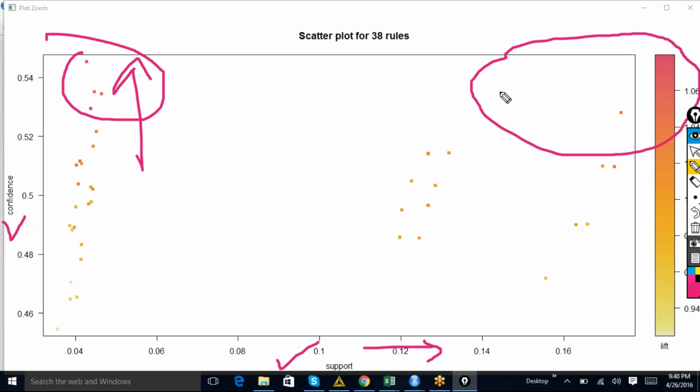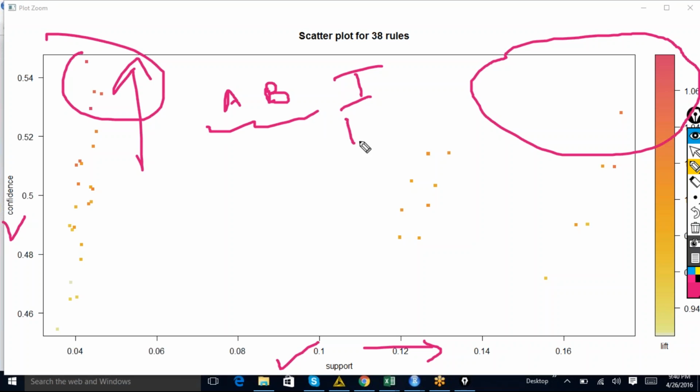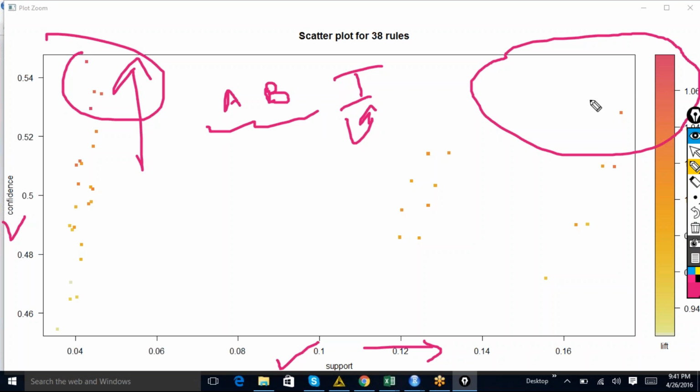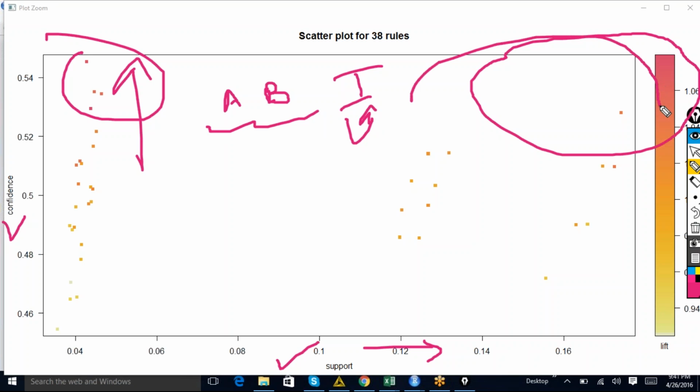So for example, if I'm Amazon, let's say one rule was A, B, and I. If a customer has bought A and B, I should push I, and that rule was in this corner right over here, right?